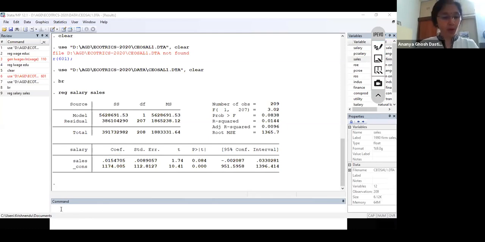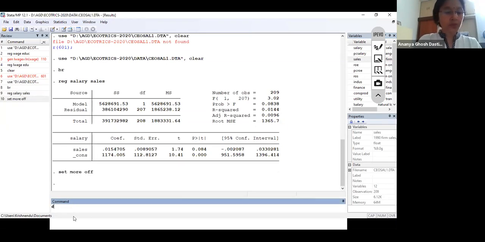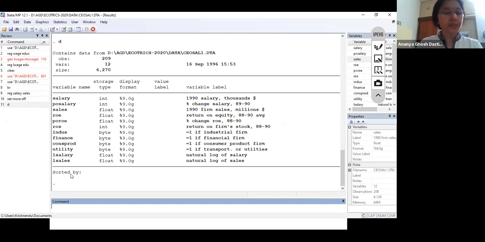Now, let me see if L salary is already defined. Yes, you see there is already a variable called L salary. This is natural log of salary, and L sales is natural log of sales.